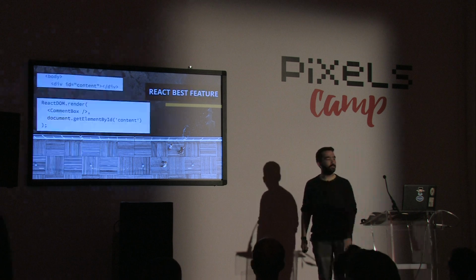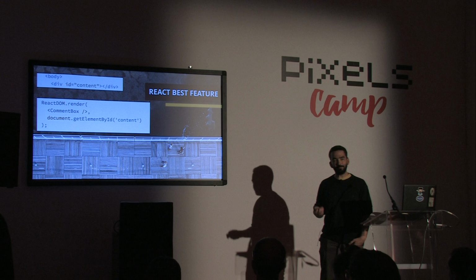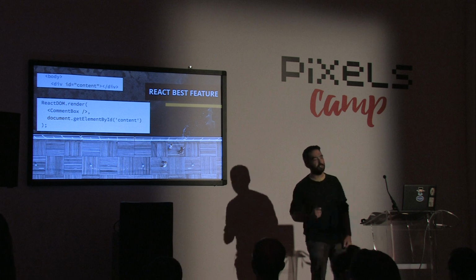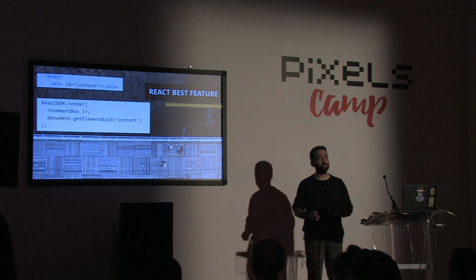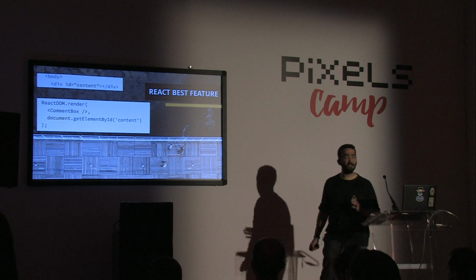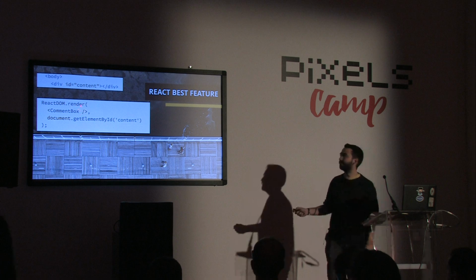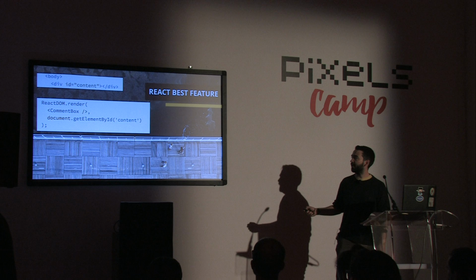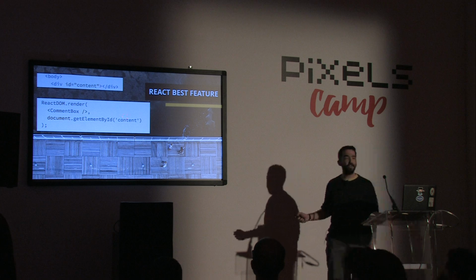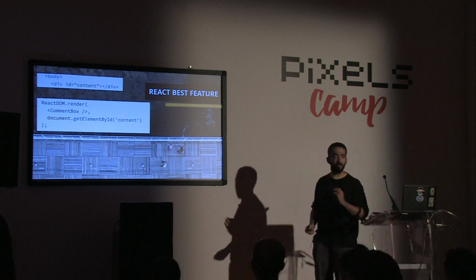It's really good. Now I want to talk to you about React's best feature. In my opinion, the best feature of React is this. Very simple. It's the React DOM render. It actually allows you to use React only in certain DOM nodes.